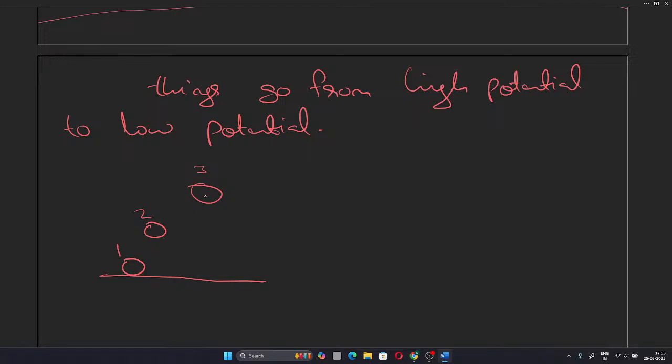Due to the gravitational field or gravitational potential, this ball with a high potential will go to the low potential here. By going this way, the potential energy is getting converted to kinetic energy. This is gravitational potential.